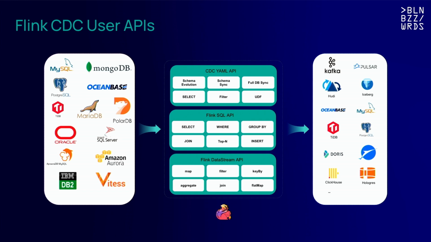And of course, you can use the FlinkCDC connector. If you use the FlinkSQL API, you can use it as a source connector. And also, if you are using the DataStream API, you can still use FlinkCDC sources.